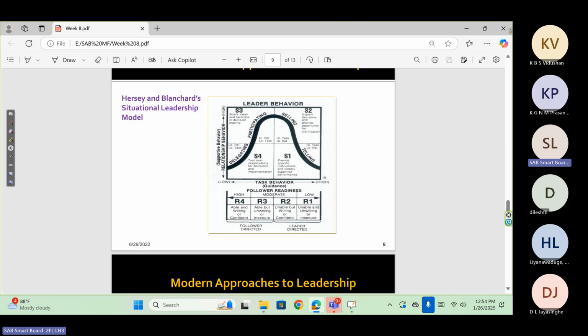The whole decision should be made by the manager alone, because followers are unable, not willing, and not sure. It's the worst situation. To match the worst situation, leaders or managers should use the task-oriented style, with no relationship orientation.